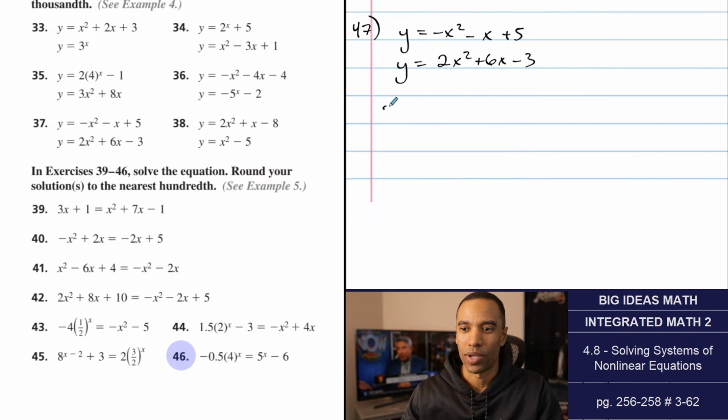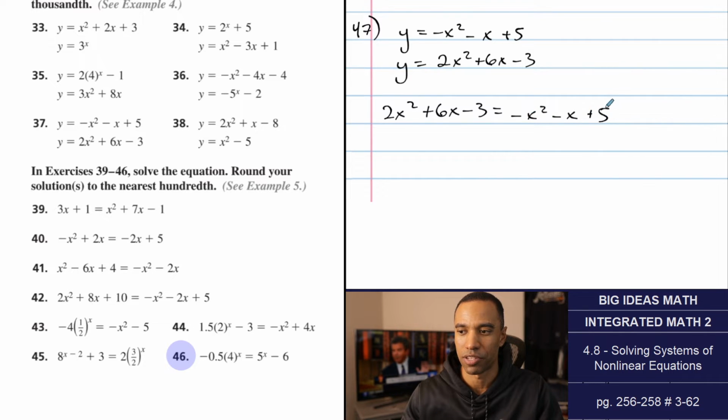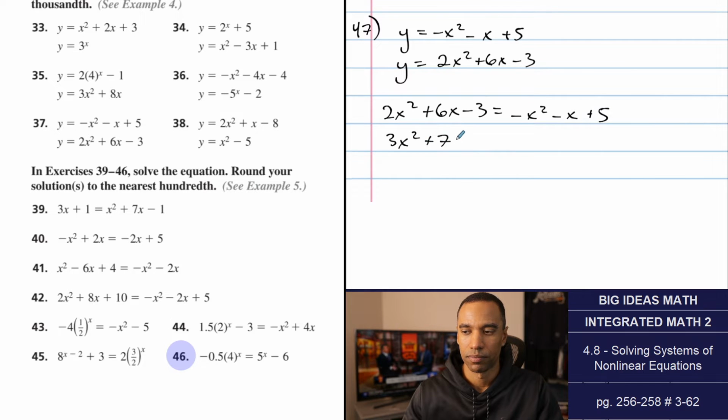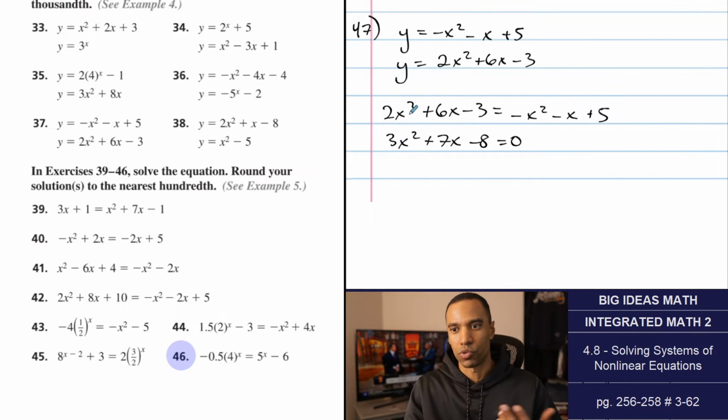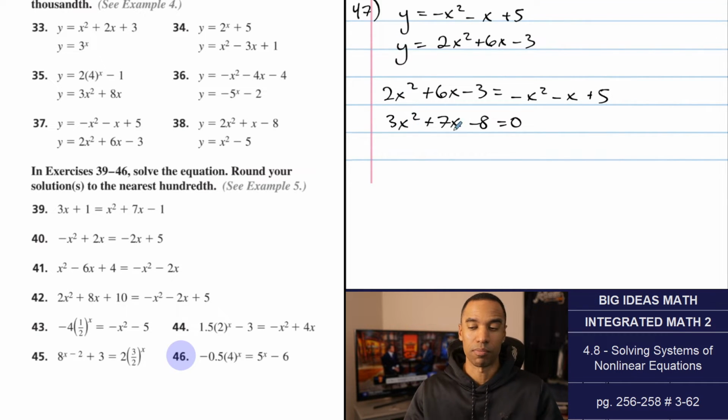Okay, so we got 2x squared plus 6x minus 3 equals negative x squared minus x plus 5. I'm going to add x squared over, add x over, and subtract 5 over. Maybe this looks familiar now. Equals 0. Now let's solve using a method of choice. Quadratic formula seems most apt, especially since we know it's not factorable.